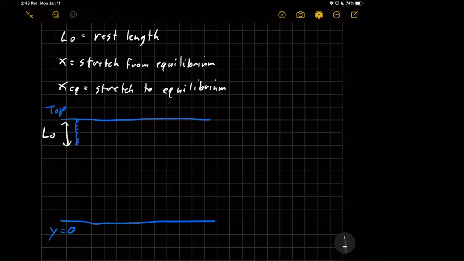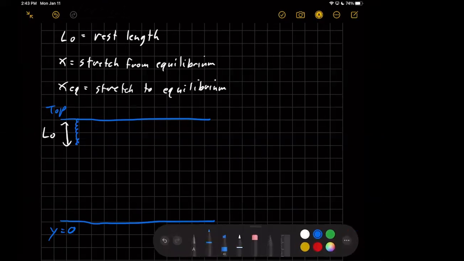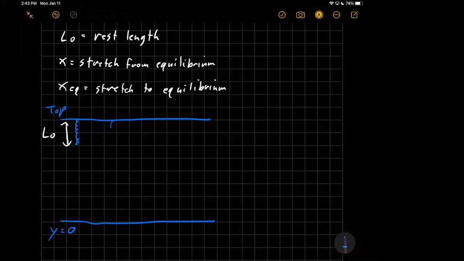But then if we hang a weight on it, it's going to stretch down a little bit further. What we're going to assume first is that when we hang this weight on here, it's now at rest. So this will put it right at this height here, which will be y eq. That will be the equilibrium height of this.